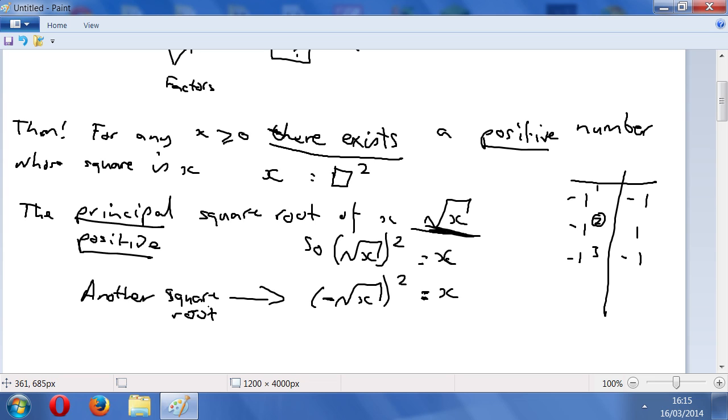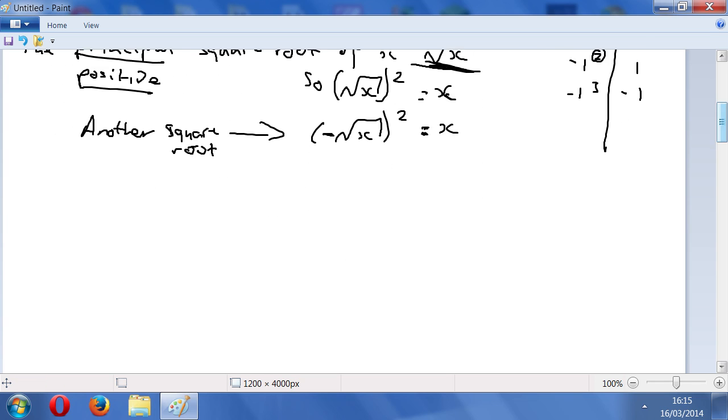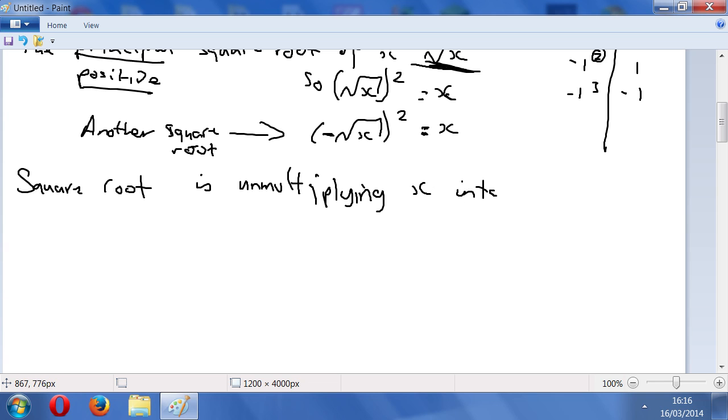All right. So square root is unmultiplying. It's like finding the components of x into two equal factors.